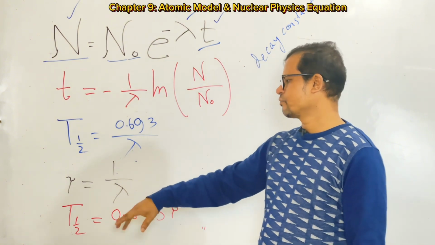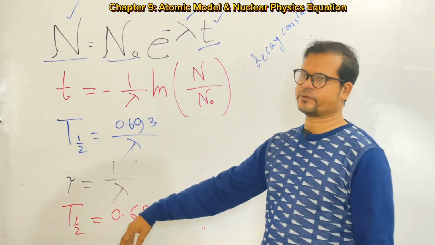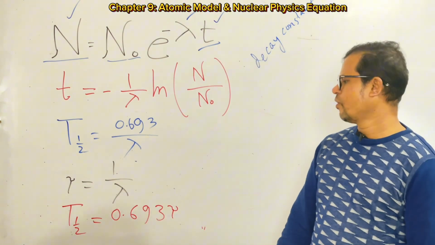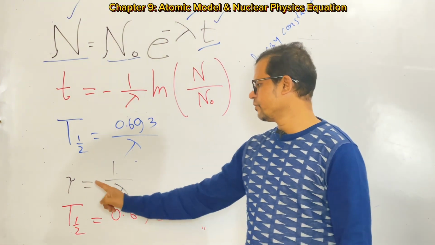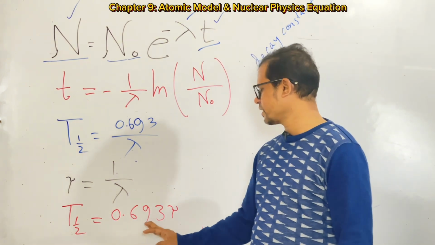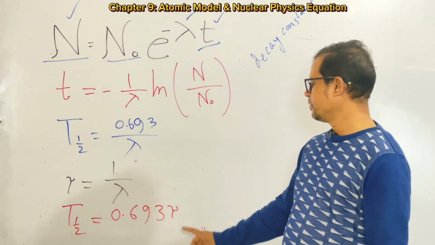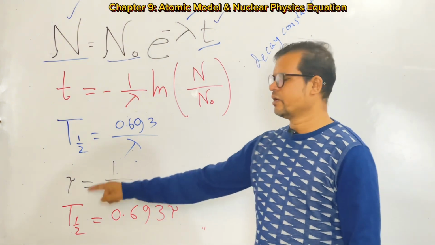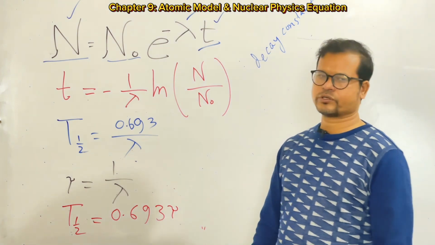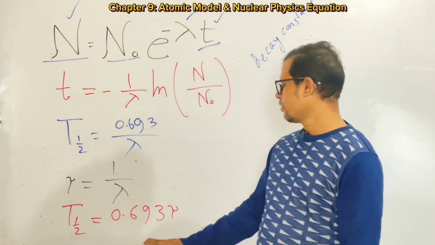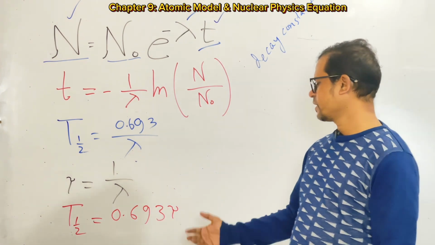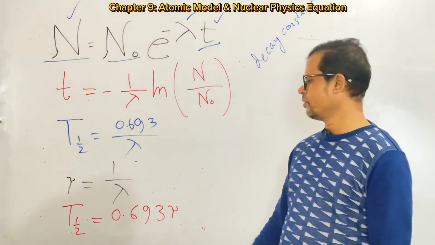And if the question gives you lambda, you can find the mean life. The mean life, tau, equals 1 over lambda, or you can say t half equals 0.693 times the mean life. This sign tau refers to the mean life. If the question asks you to find the half life from the mean life, you can apply this formula, 0.693 tau.